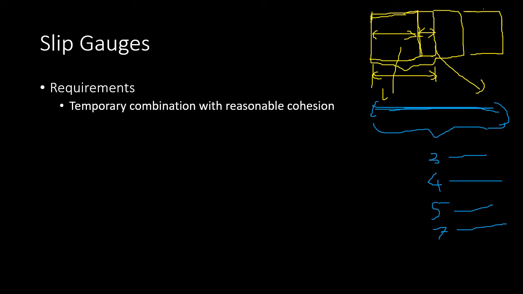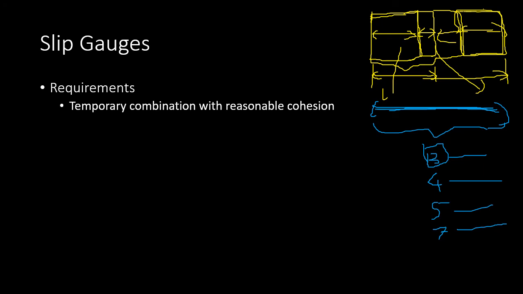Okay, so if it is possible to build up this dimension using 3 slip gauges or the minimum number, then we look for such a combination that will result into minimum number of slip gauges so that the error involved will be less. And most importantly, after combining the slip gauges, the sum of the sizes of all the slip gauges must be equal to the dimension we want to measure.